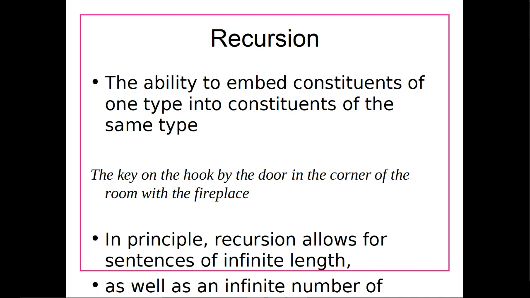Recursion is something that in theory we can do that is not something you typically see in animal communication, in non-human communication. So this is one of the aspects of human language that seems to be relatively unique.